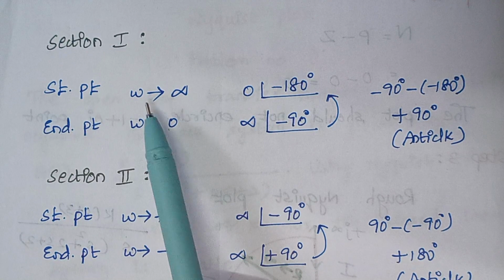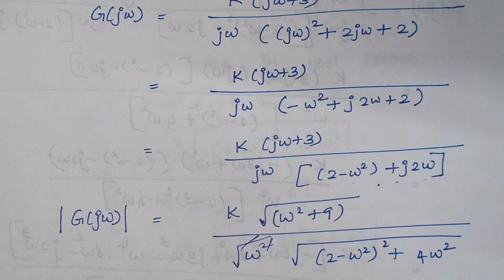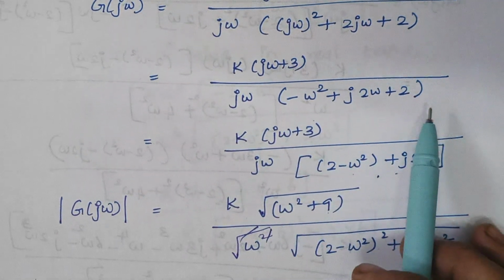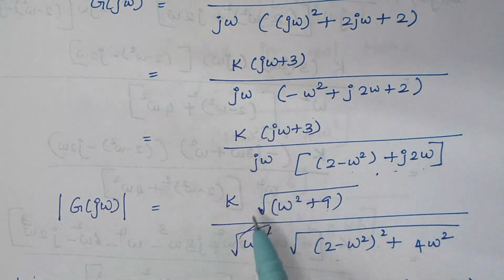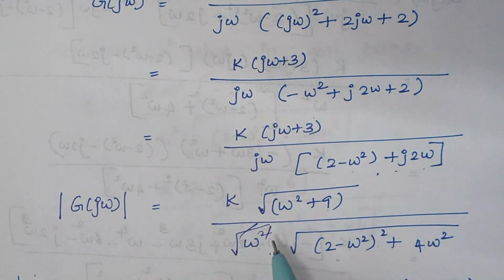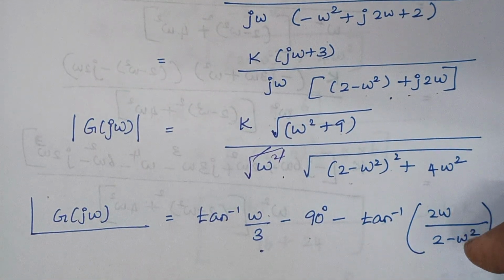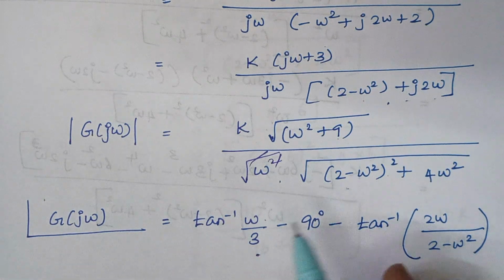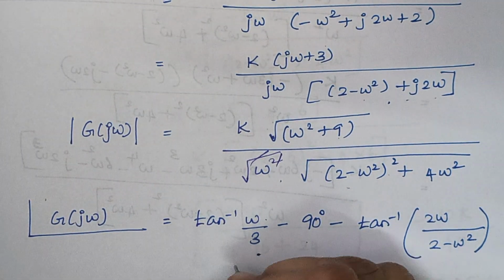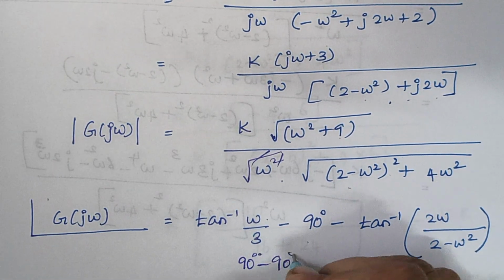So first, keep it in mind, we are going to substitute omega as infinity. Now when you substitute omega as infinity, consider this expression. Anything divided by infinity is 0. So the magnitude is 0. Again substitute the value of omega as infinity here. So what happens? This becomes tan inverse of infinity. So tan inverse of infinity is 90 degrees. And here this minus 90 degrees, write it.